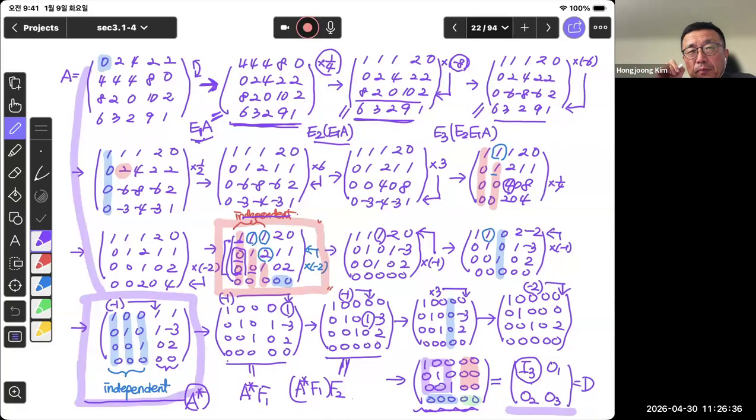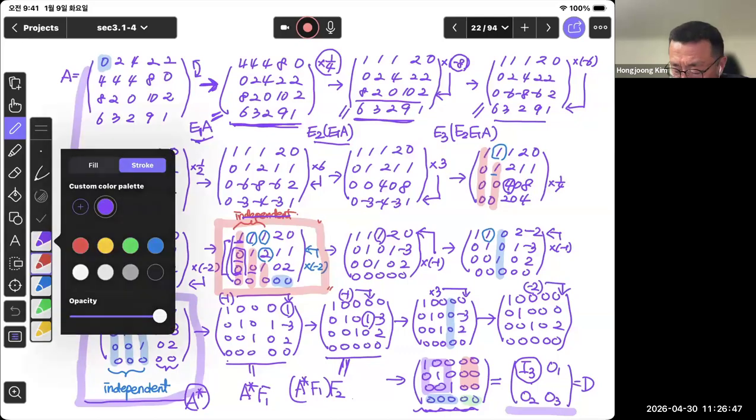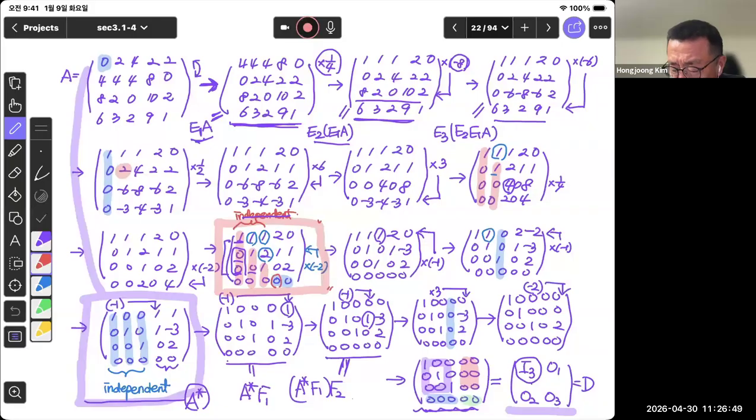So the rank must be the number of linearly independent rows, right? So if I perform some elementary row operations, then your A will have some non-zero value here in the fourth row, fourth column, if A were invertible, right? And then I can proceed a little bit more to change this value to 1. And then if I perform some elementary row operations, I can convert all these numbers to zeros.